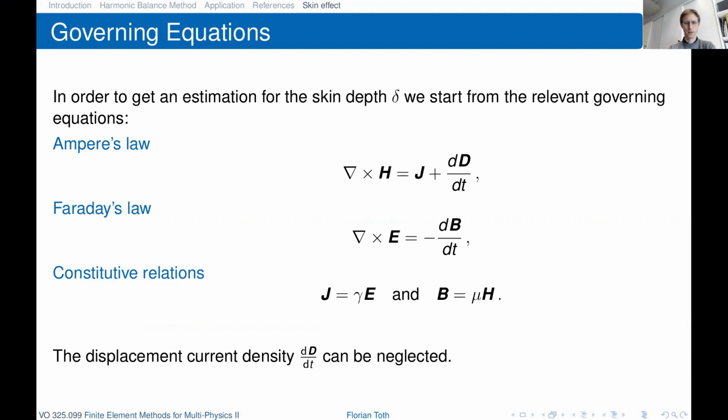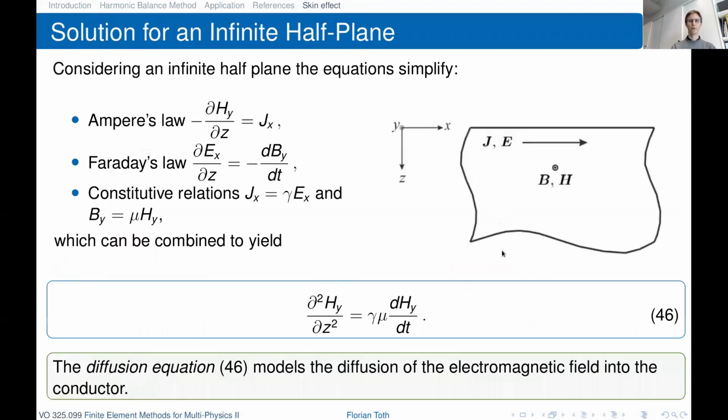And as we do for obtaining the eddy current problem, the displacement current density, so the time derivative of the D field, is neglected. We'll do a further simplification in terms of geometry. So we'll consider the solution for an infinite half plane. You see it here. We have the boundary here at z equals 0.